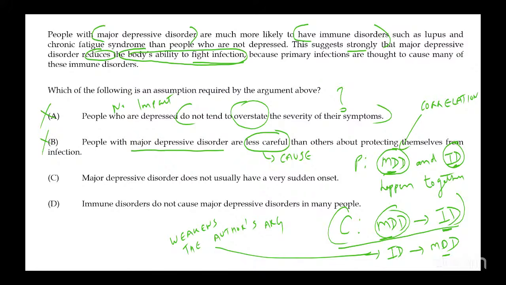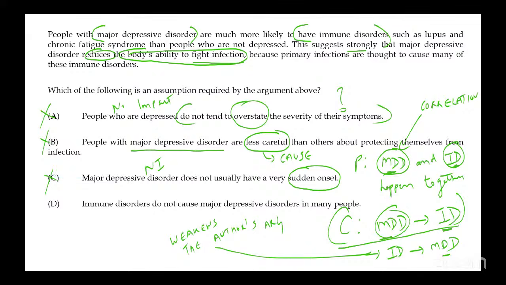Let's look at C. Major depressive disorder does not usually have a very sudden onset. Sudden onset. The timing of it. Is it really discussed? No, right? Again, this is no impact. No impact option. The timing of it.